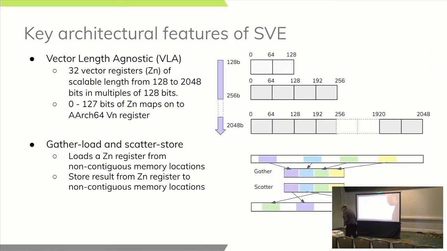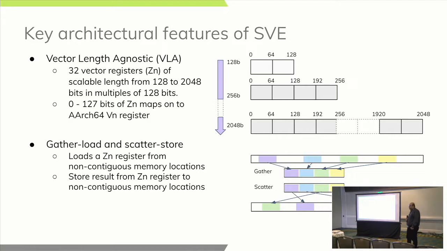So now let's talk about some of the key architectural features of SVE. The most important feature from a debugger point of view, and otherwise as well, is the fact that it is vector length agnostic, which means that it has 32 vector registers called Z registers, and those Z registers can change their size anywhere from 128 bits to an architectural maximum of 2048 bits.